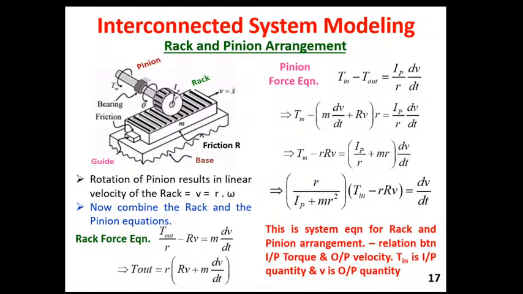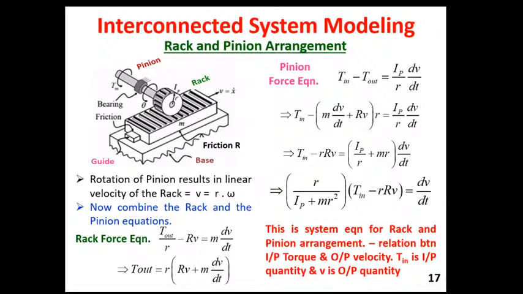On the pinion side there is input torque, theta, theta dot, theta double dot, IP, the moment of inertia of the pinion, the radius of the pinion, and so on. On the rack side there is the velocity of translational movement V, which is the same as x dot, the mass of the rack, and the friction between the rack and the base. All these are the rack side or translational side parameters.